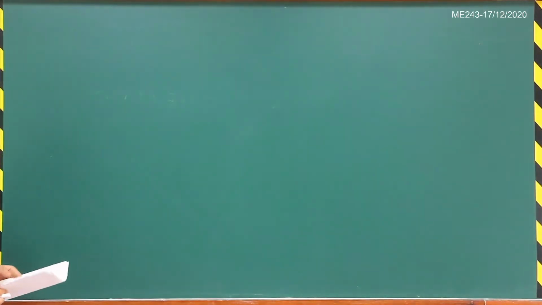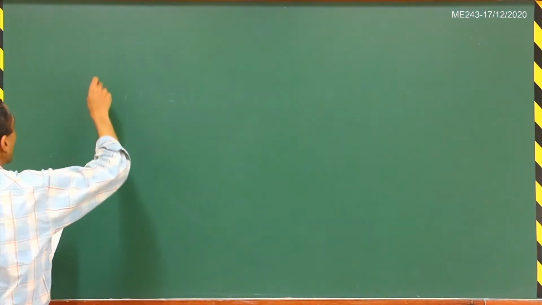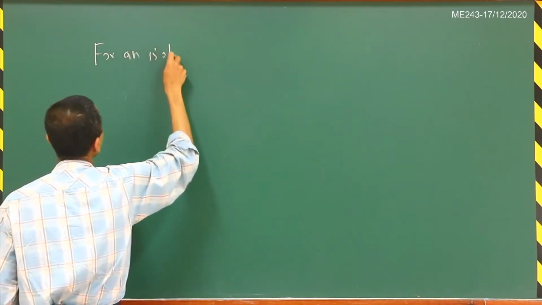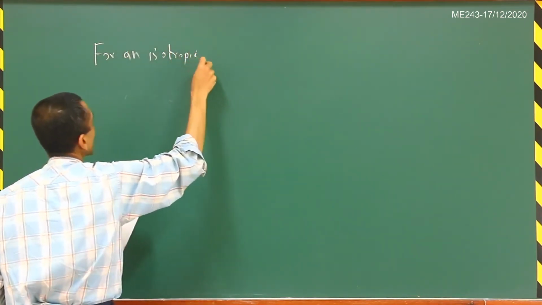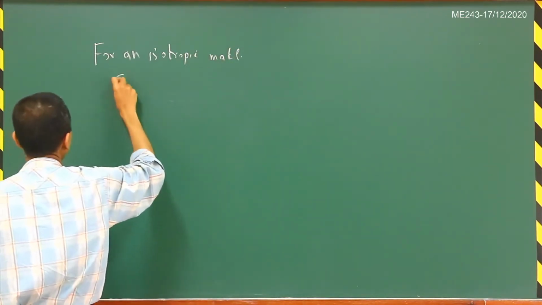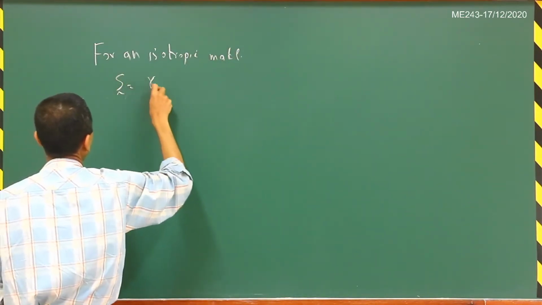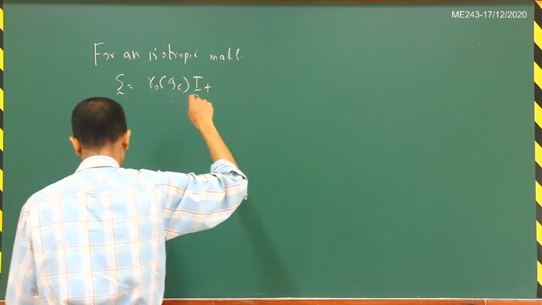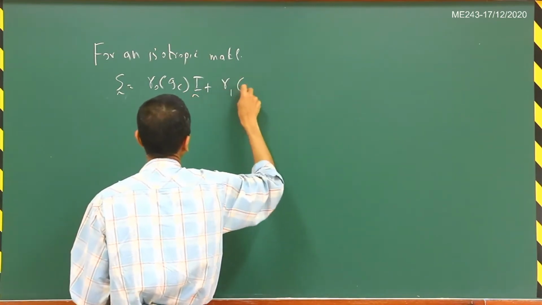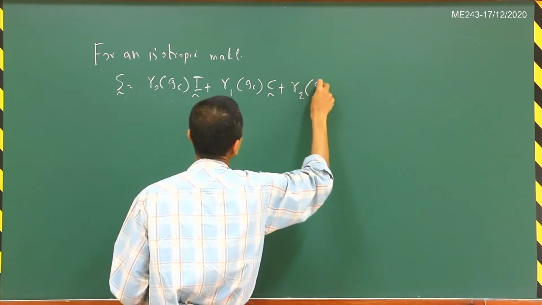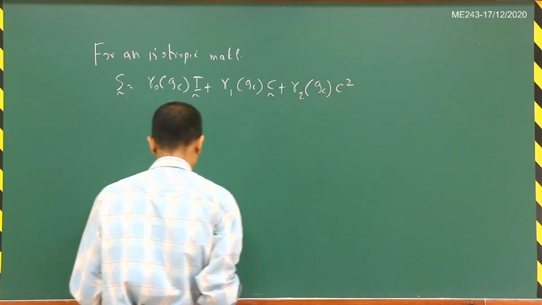So in the last class we saw that for an isotropic material, S is equal to gamma naught of the invariants of C times I plus gamma 1 of the invariants of C times C plus gamma 2 of the invariants of C times C squared.